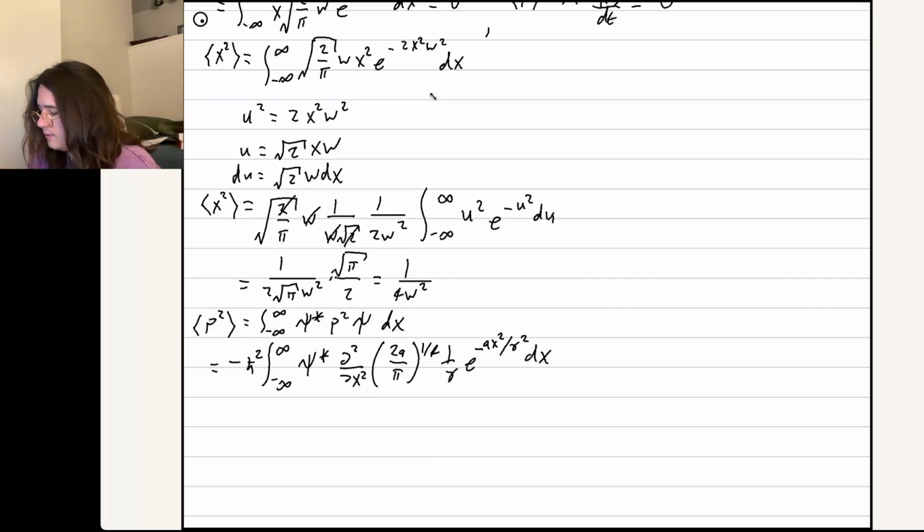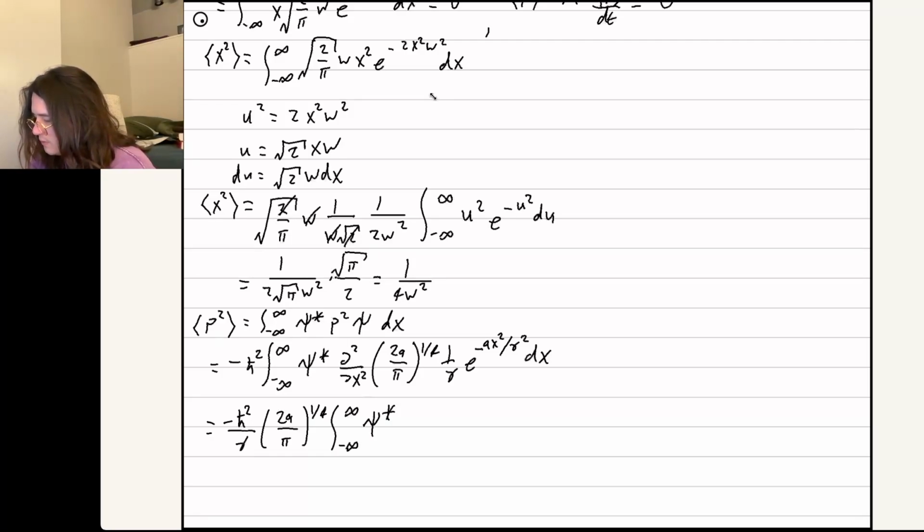So we can actually move out a couple of constants. There's going to be a gamma down here. There's going to be a 2a over pi to the 1/4 here. This is going to be minus infinity to infinity, psi star, and then we'll actually do the first derivative, which is going to look like minus 2a x over gamma squared e to the minus a x squared over gamma squared dx.